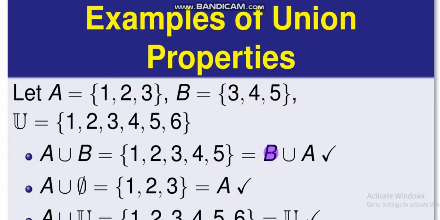Even if I start with B, then A, meaning I am uniting B with A, I will still have the same result, and that is why A union B is this, and this is the same as B union A. Even if I start with B, I will end up having the same thing. If I start with B, you see, I have 3 here, but I have to check set A. If there is a number less than 3, I have to begin with that number.